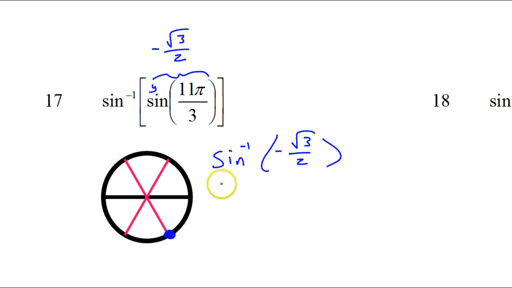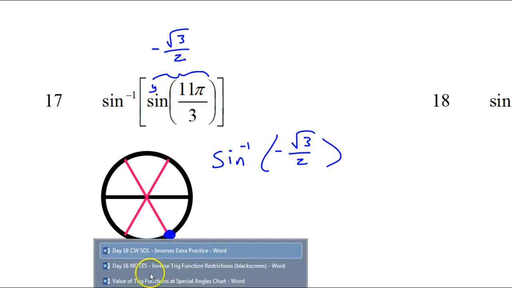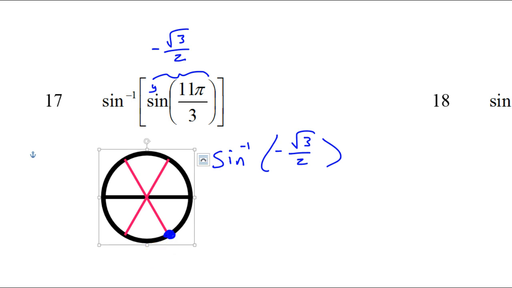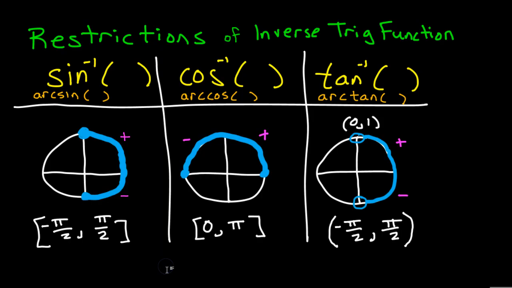Inverse sine is just an angle. It's the angle whose sine is negative radical 3 over 2. Now, what angle has a sine of negative radical 3 over 2? I can't say 11 pi over 3 because I have to respect the range restrictions. I have to stay on the right hand side of the circle.